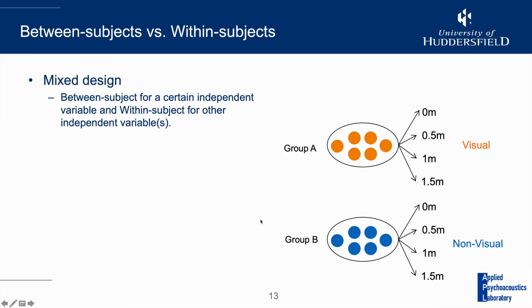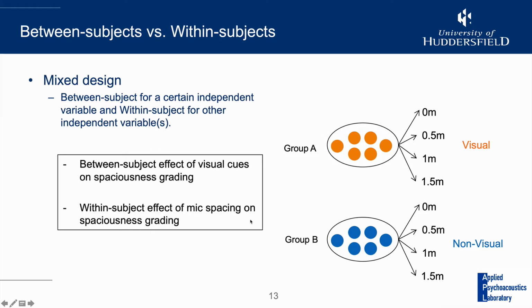So in this example, basically we are examining the between subjective effects of visual information and the within subjective effects of microphone spacings. We use this mixed design here because if you test both visual and non-visual conditions using the same subject, the subject who did the test with the visual condition first may give a similar result in the non-visual condition because of a potential learning effect.